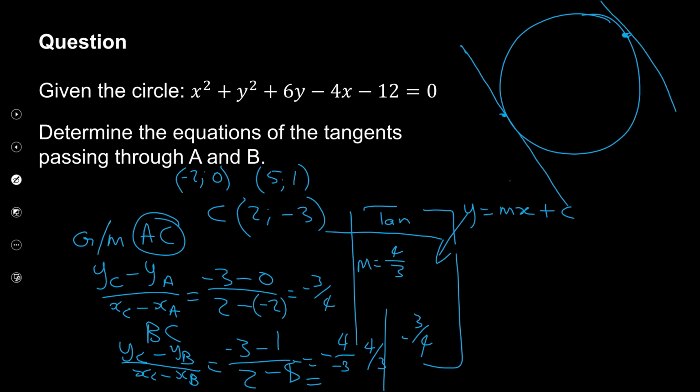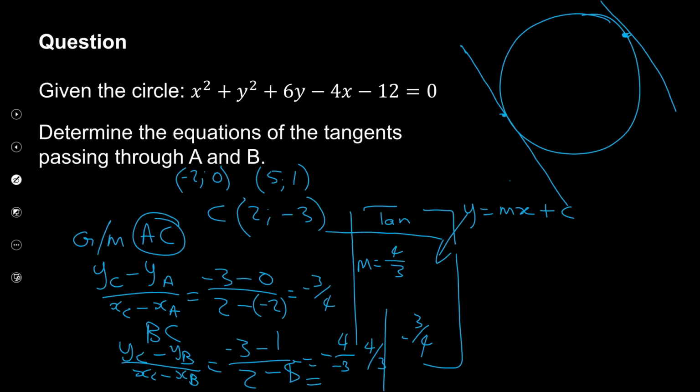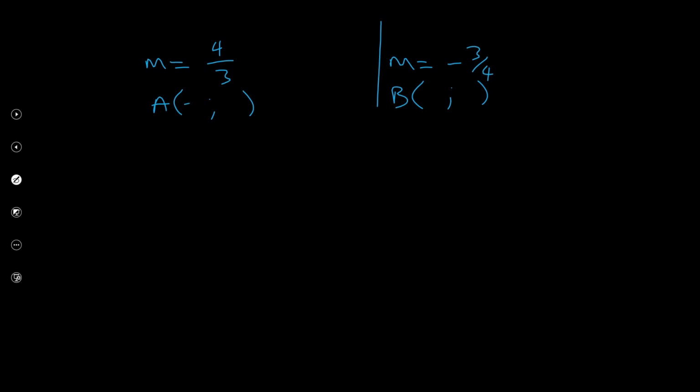Remember my first m is 4 over 3, and I'm going to use this. My second m is minus 3 over 4. This goes with B, and this one goes with A, and I'm going to write the coordinates of them because I'm going to use them. So minus 2 and 0, 5 and 1.